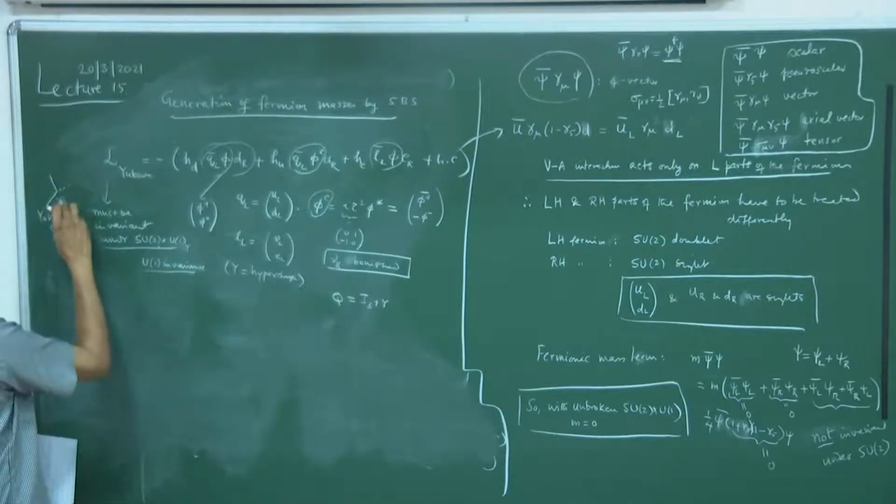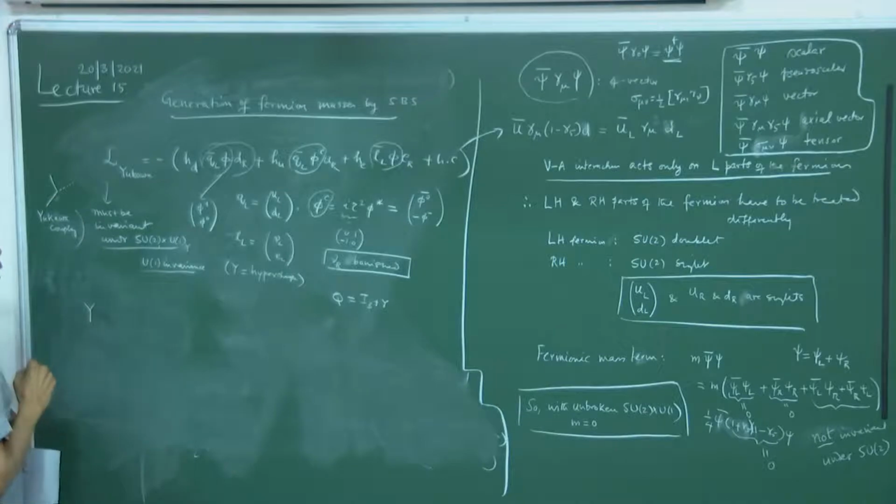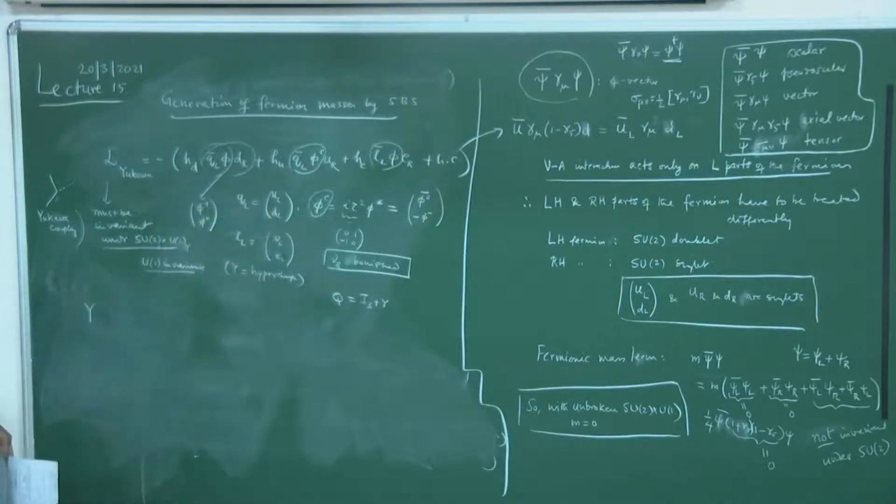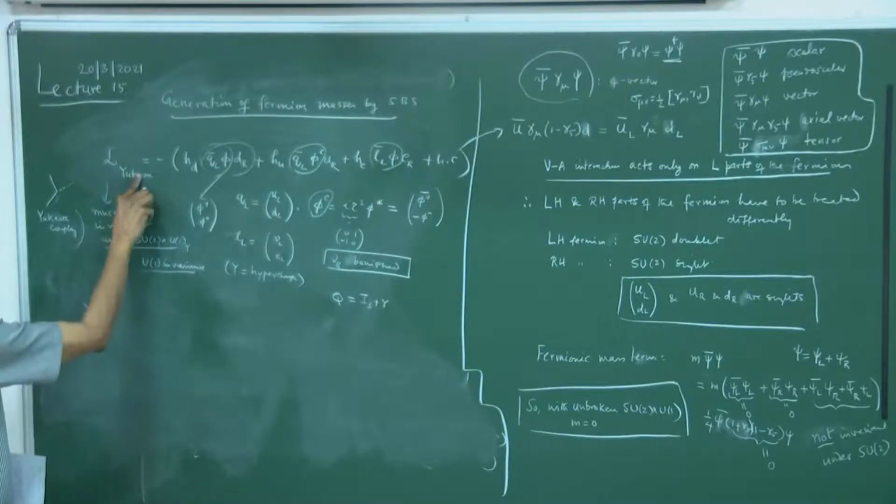Remember, that was the original breakthrough in understanding the pion. And so in honor of that, Yukawa was given the Nobel Prize. So any such term, a fermion scalar term, is called Yukawa coupling. That is why it's called Yukawa.